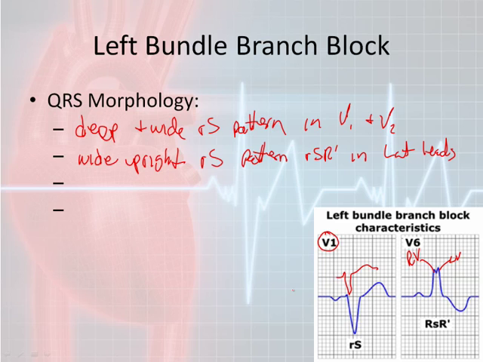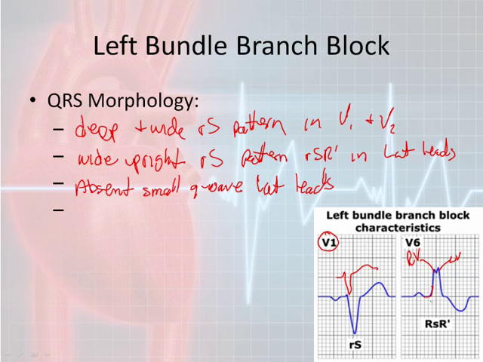The important thing here, and I could almost say that this is the critical criterion, is that you're going to have an absent small Q wave in the lateral leads. If you look here on V6, notice you have a PR segment that immediately goes into an R wave.